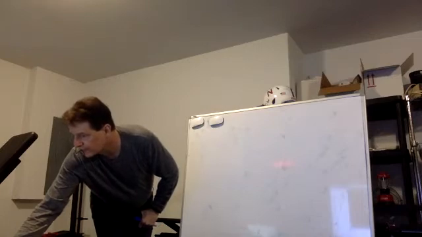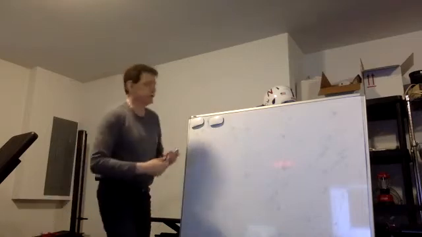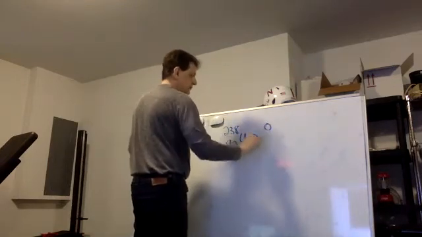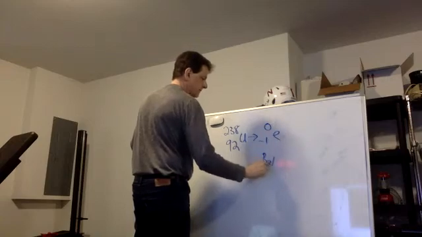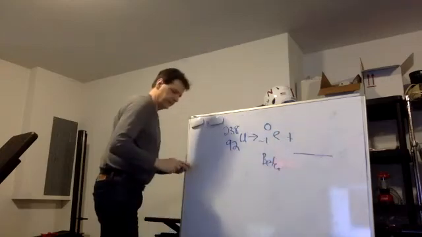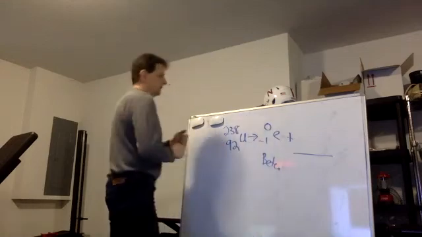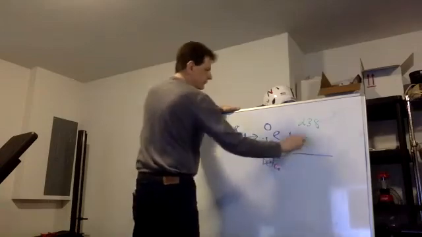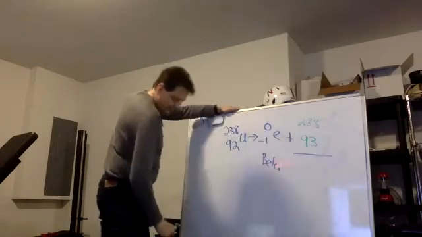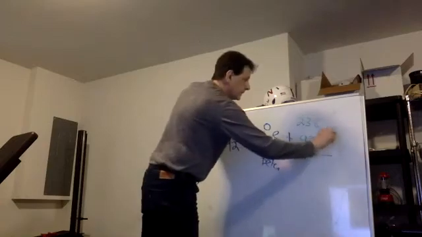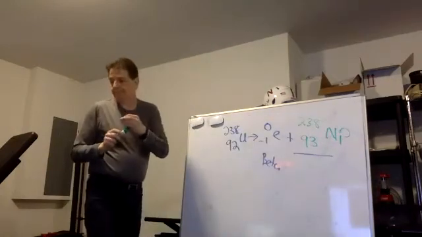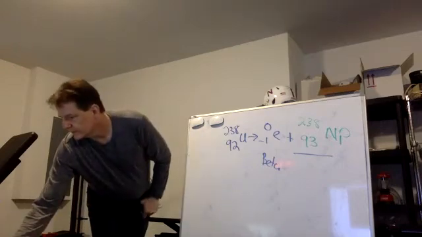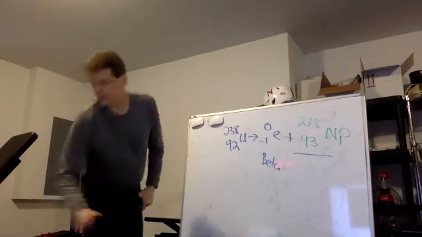Next one up in that packet is U-238. It undergoes a beta emission and then the missing piece. Again, slide the 238 over, we've got 92 and -1, so we want a 93 there, and 93 again is going to be neptunium. Let's see, we've got one more example here of a beta decay.